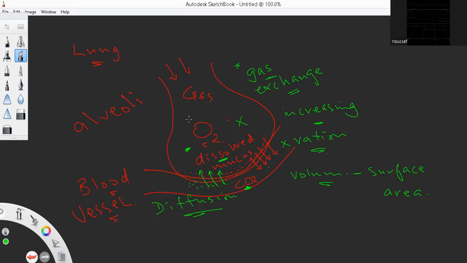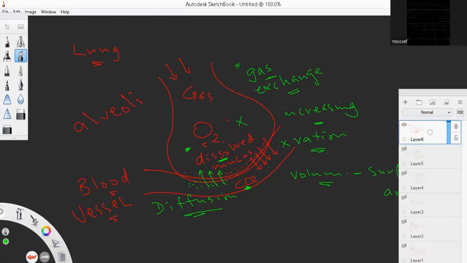On the other hand, what goes inside the stomach or small intestine, the digestive system?